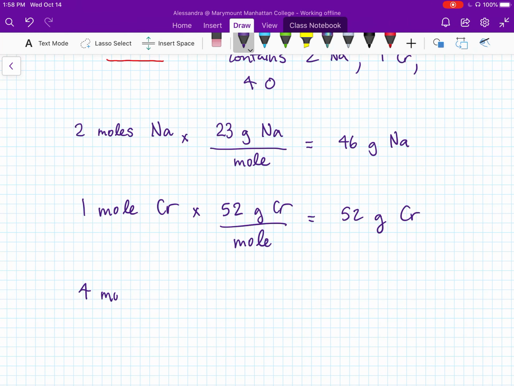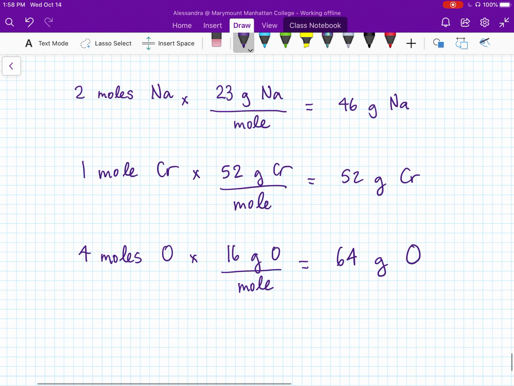Finally, 1 mole of sodium chromate has 4 moles of oxygen. Oxygen's atomic mass is about 16 grams per mole, and 4 times 16 is 64, so I have 64 grams of oxygen.